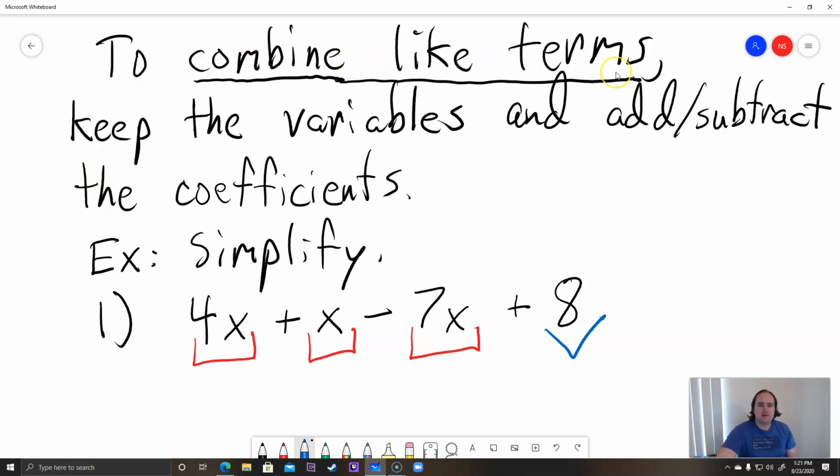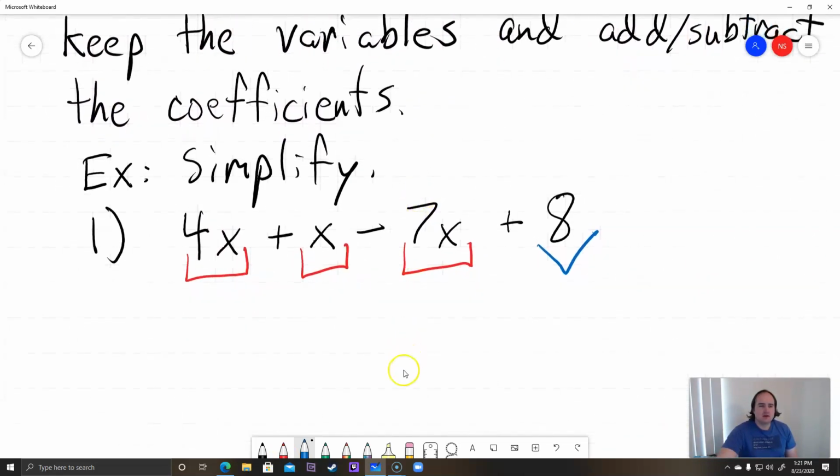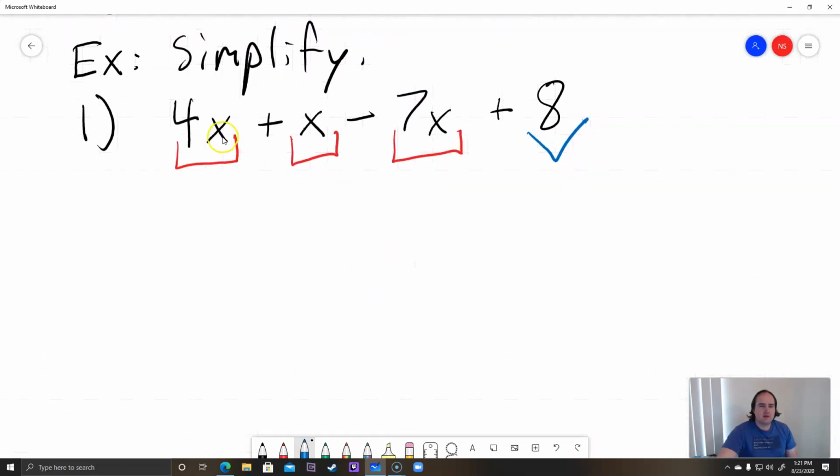So to combine these like terms, we want to keep the variables and add or subtract the coefficients. So let's start with the red like terms here. So what are the coefficients going to be here? Well, this is 4, that's that coefficient. The coefficient of x, if they don't write it, is automatically 1. So I'll go ahead and write in a 1 there.